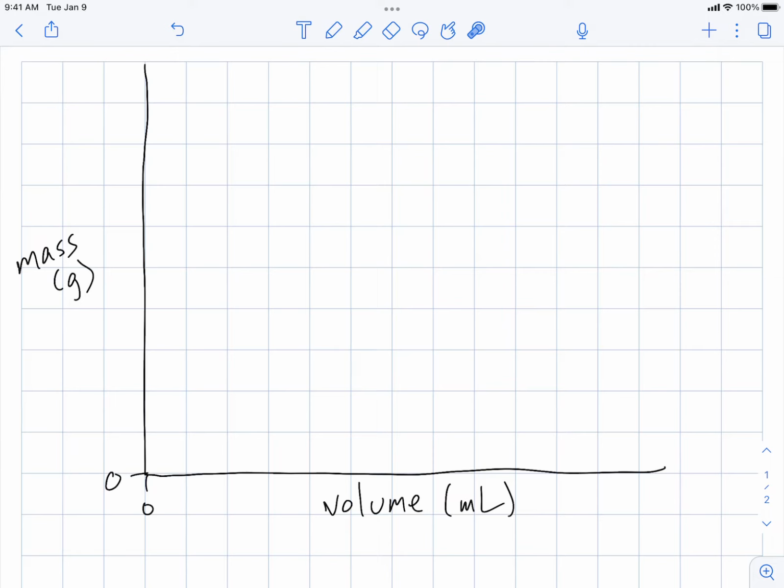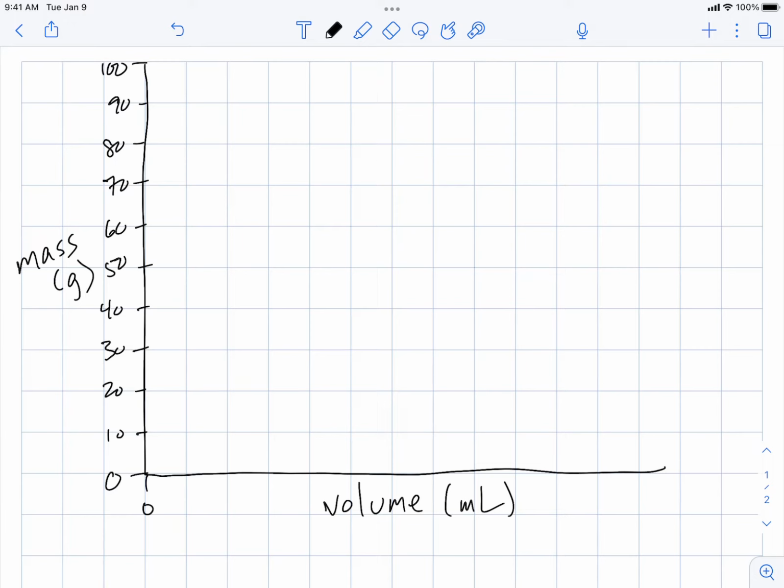If our highest mass was 90 grams and we have 10 boxes, we could make each box worth 10. And then we'd know all of our data would fit there. Okay. Last one would be 100.